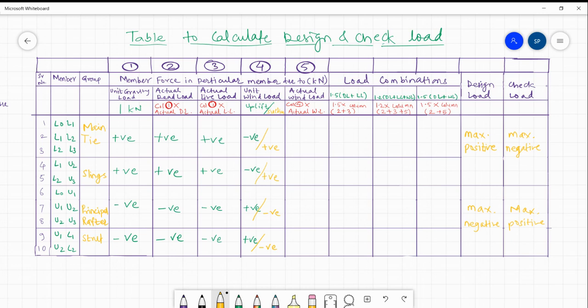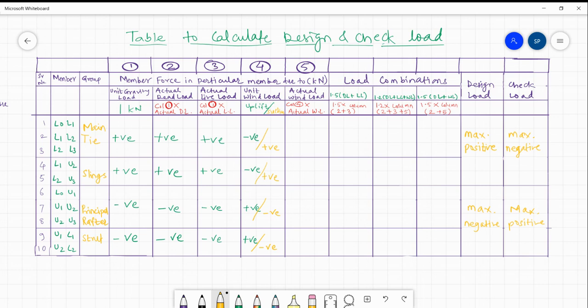So you have to take this precaution when you are analyzing your trusses, and subsequently when you go for design. Whether there will be suction or uplift depends on the net wind pressure value, that is CPE minus CPI. If it is negative, then the trusses will be subjected to uplift pressure.